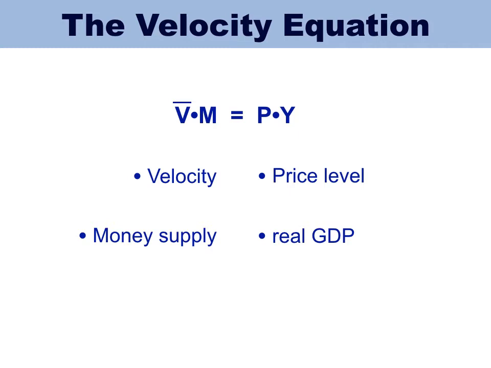But for the purpose of easy examination, we are going to hold velocity constant in most cases. P times Y, the price level multiplied by real GDP, is nominal GDP. So we could say V times M is equal to nominal GDP.